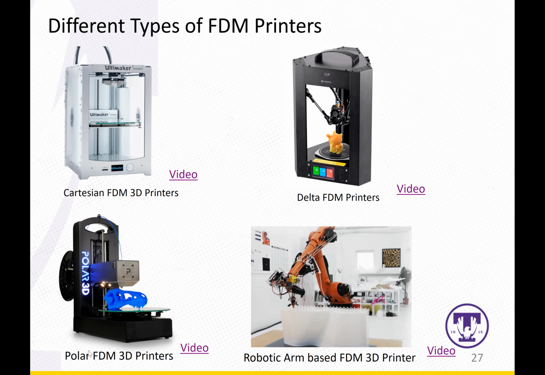Actually, I have one delta and one Cartesian in my lab, so I used the same model to test the two, and it turns out the Cartesian one, the Ultimaker 3, definitely gives much better surface finish, but the time is kind of crazy, two or three times slower than a delta one.